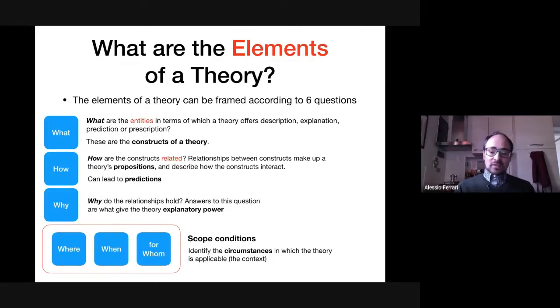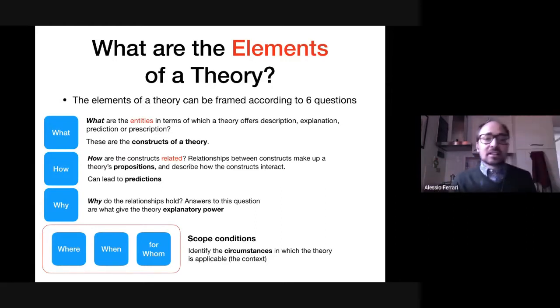Now we've seen what a theory is and what a theory does, and now we will see what the elements are. If you want to remember them, you can remember also the typical questions to which they refer. First question is what.